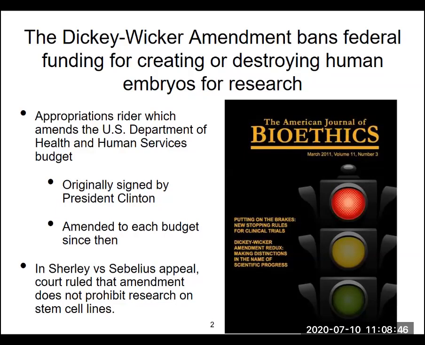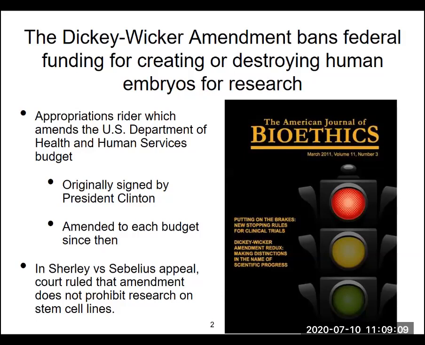They're not going to store these in perpetuity. They're going to, at some point, get rid of them. Normally, they're going to be stored in liquid nitrogen. But when they're not used, the question is, what should be done with them? And this Dickey-Wicker Amendment says we can't use them for the creation of stem cell lines.